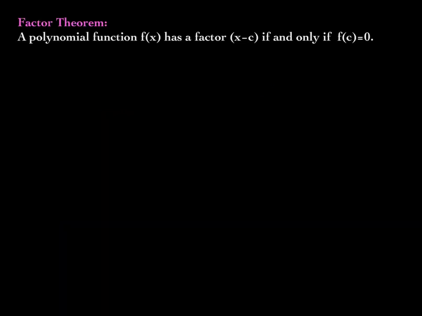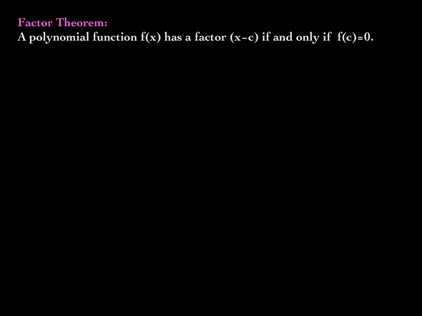Now, we didn't introduce the remainder theorem just so that we would have another method to evaluate a function at a particular value. But the remainder theorem, along with the factor theorem that is now on the screen, together those two theorems will allow us to factor polynomial functions, which will then in turn help us find the zeros of those polynomial functions.